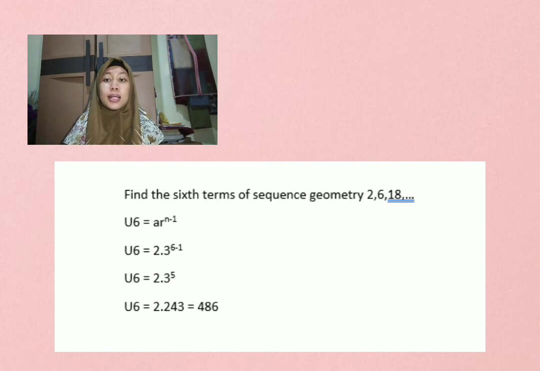So the 6th term of the geometric sequence is 486.